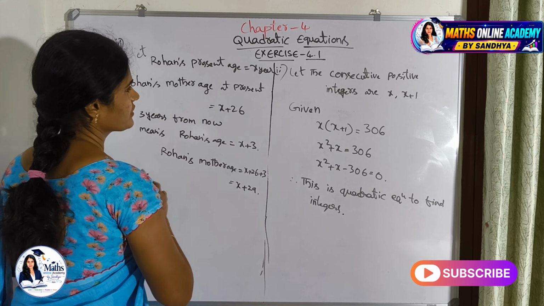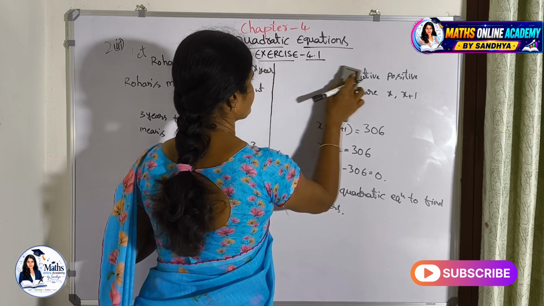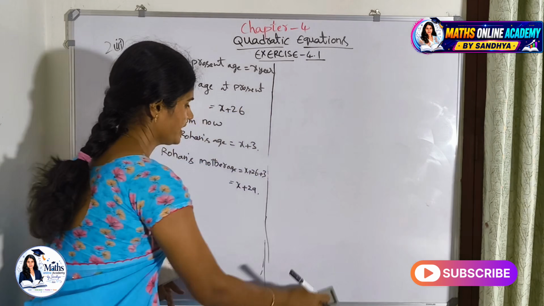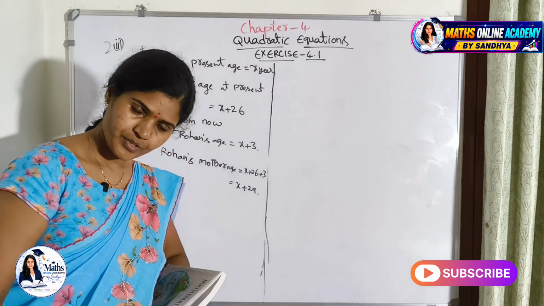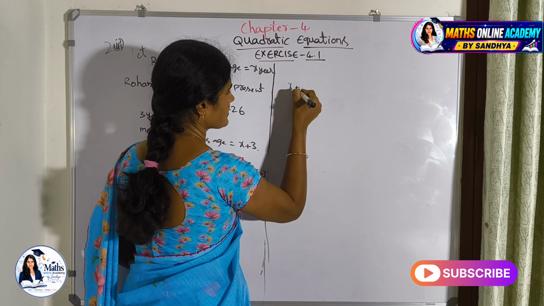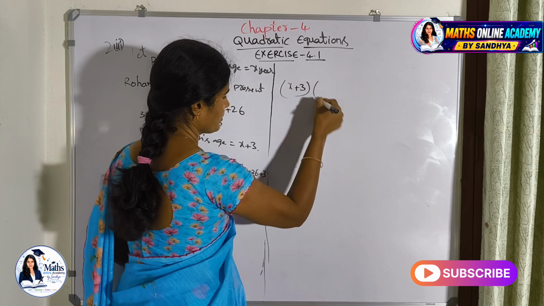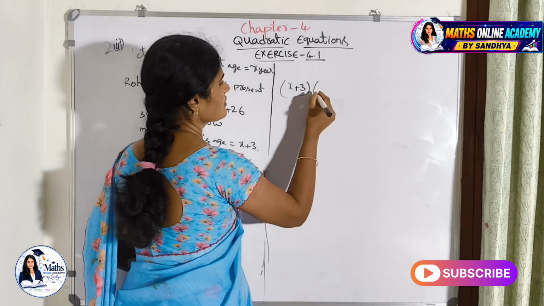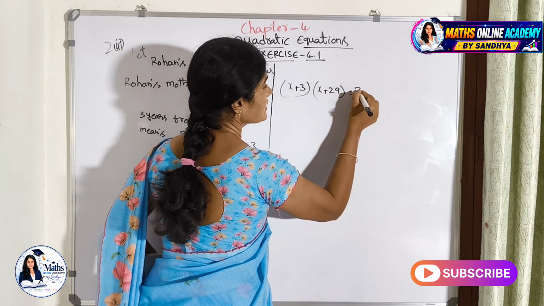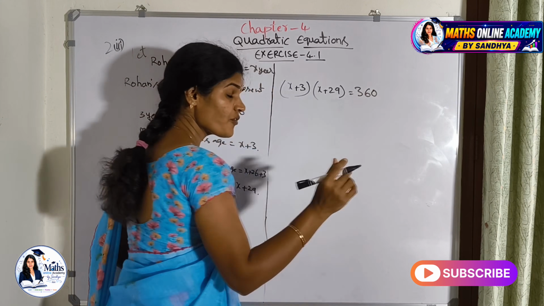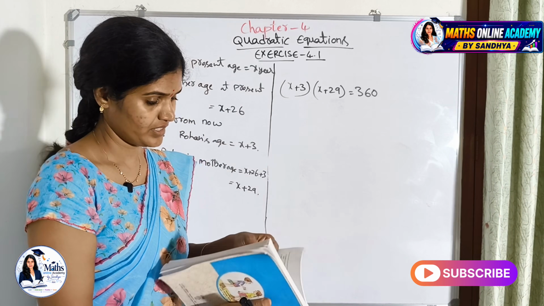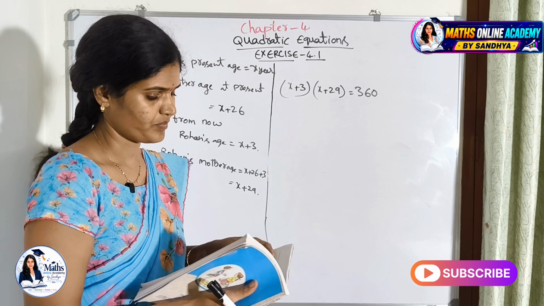So the condition is from now 3 years, product: x plus 3 into x plus 29 equal to 360. The product of their ages after 3 years is 360.